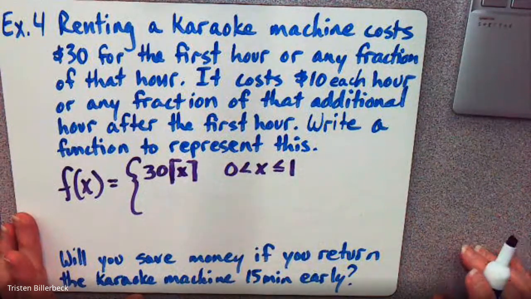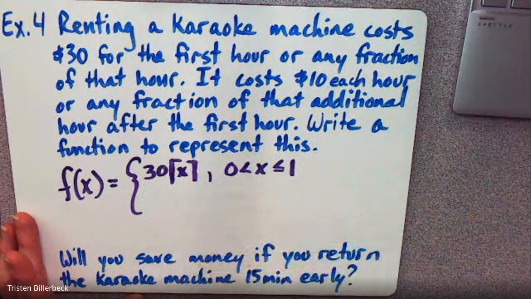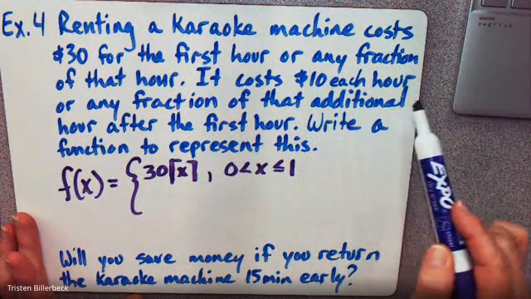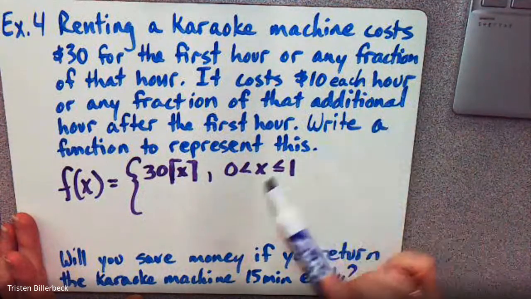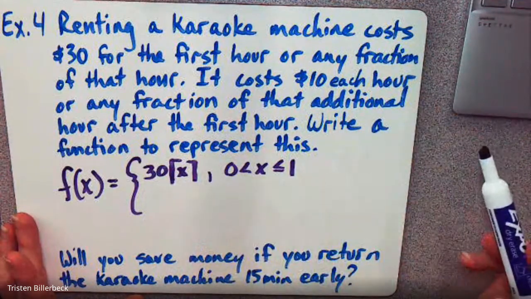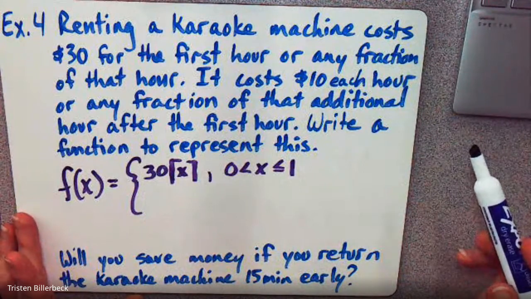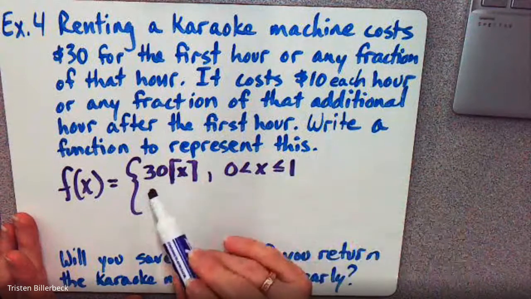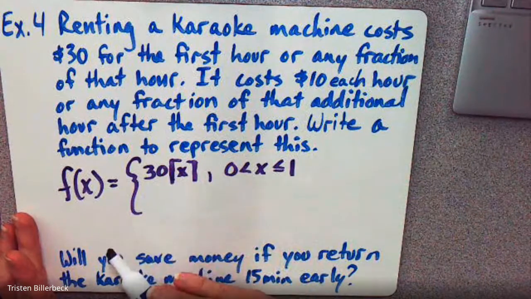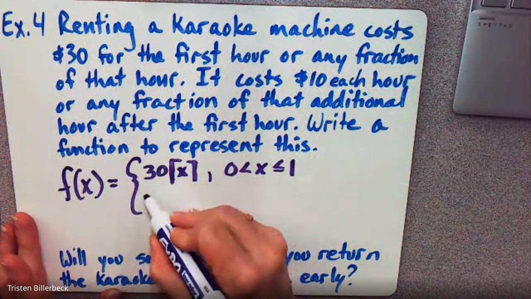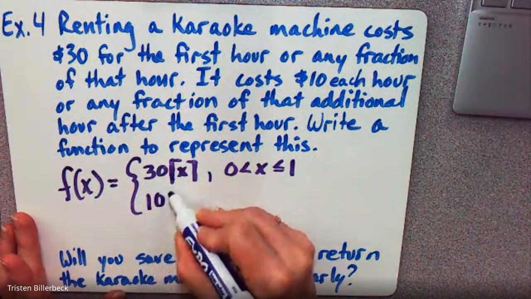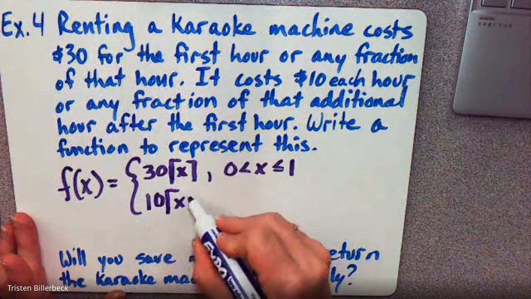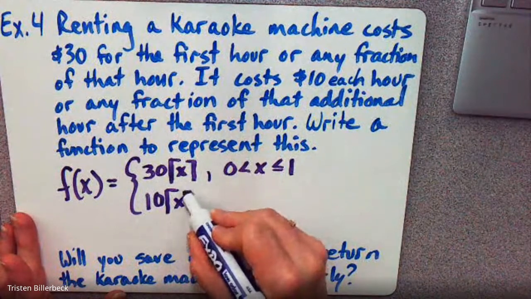All right, then on the next part, it says it costs $10 each hour, or any fraction of that additional hour after the first hour. So write a function to represent this. Okay, so 30 minus 10 is 20. So we know each hour is going to change by 10. So we're going to keep that as a slope for the ceiling function.